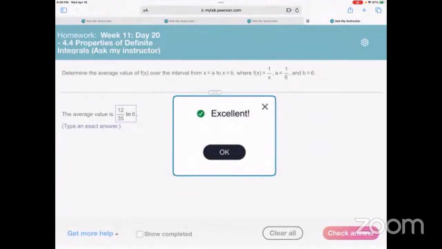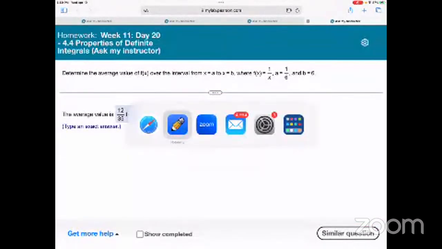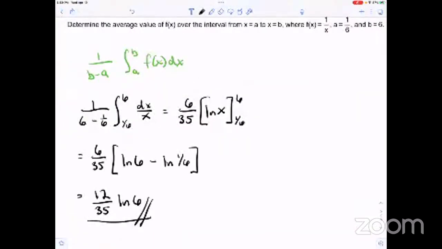Where did you get the natural log of x and the 12/35 from? Say in the beginning. Normally we add 1 to the power.